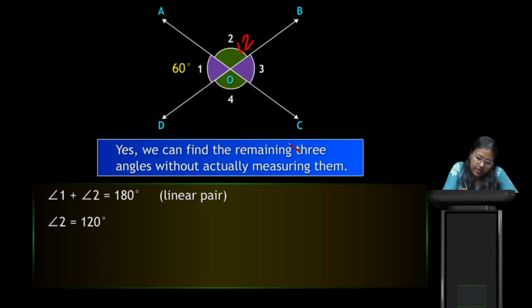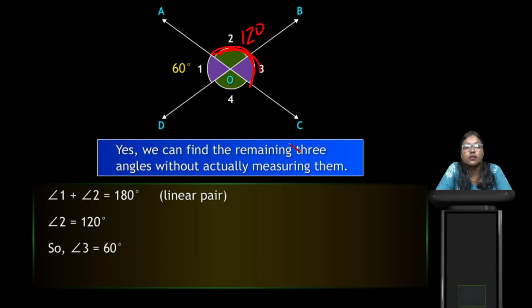Why is angle 2 120? Because if you add 60 and 120, you get 180. Okay, so what will angle 3 be? Angle 2 we got as 120. Again, angles 2 and 3 together form a linear pair, so 180 degrees.